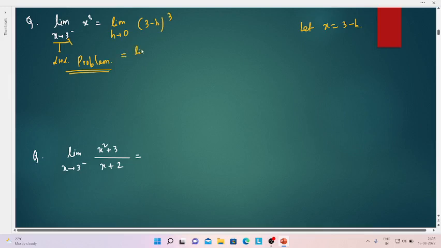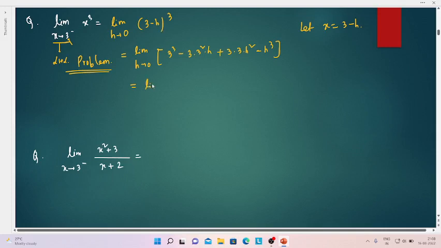So it becomes limit h tending to 0 of 3 cube minus 3 times 3 square into h plus 3 times 3 h square minus h cube, right? I'm just applying the formula (a minus b) whole cube equals a cube minus 3a square b plus 3ab square minus b cube, right?